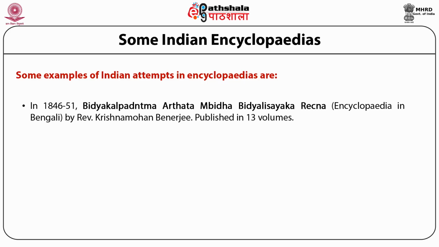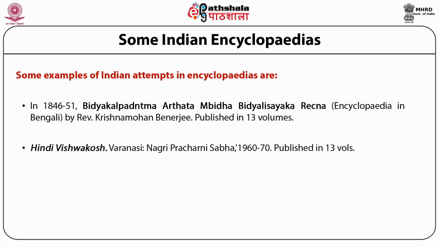Janakara Yani, a Gujarati encyclopedia, published in 1918 in 9 volumes. Hindi Vishwakosh, published in 13 volumes during 1960 to 1970 from Varanasi by Nagari Pracharini Sabha. Then Vijnanam, published from Balan Prakashan during 1956 to 69 in 6 volumes.